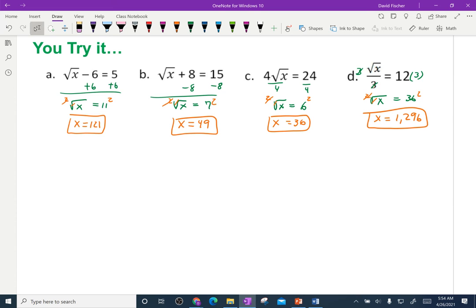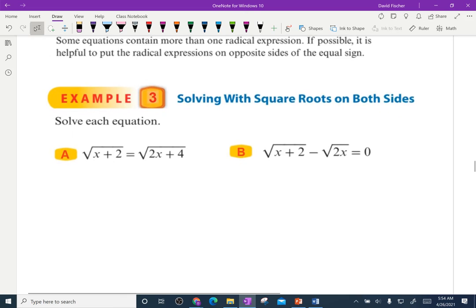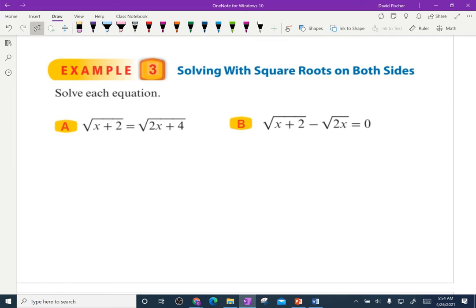Okay. All right. Let's go a little bit more involved here. When I have square roots on both sides, or 2 square roots, I want to split them up so that one is on one side of the equation and one on the other. So this one's already set up: if I squared both of these, this would cancel out with this, and this square would cancel out with this, and then the square root signs go away.